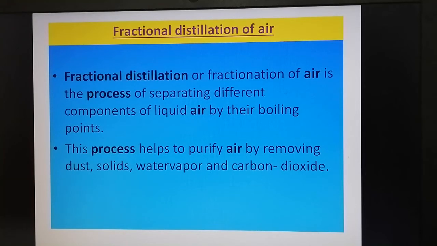But here, first we have to convert air into liquefied air. To convert air into liquefied air, first we compress it, then we allow it to expand. This process goes on: compression, then expansion, compression, then expansion. By minus 200 degrees, the air is converted to liquid air.